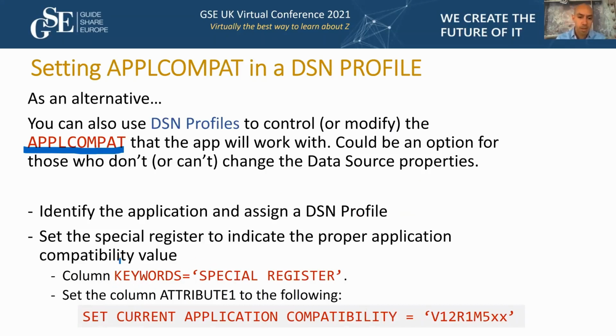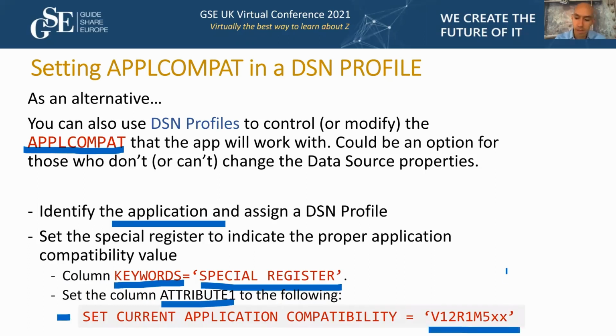So you identify your application, then you go to the column keywords in the DSM profile attributes table and insert this little string, special register. And then in attribute 1, you will insert this, which is going to change the value to the flavor that you are going to tell. That's something you can actually do.